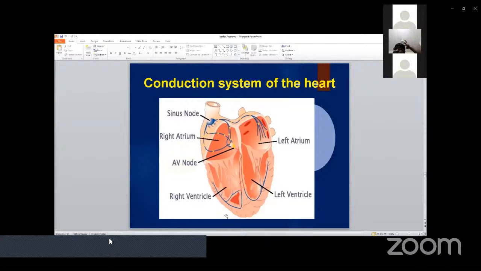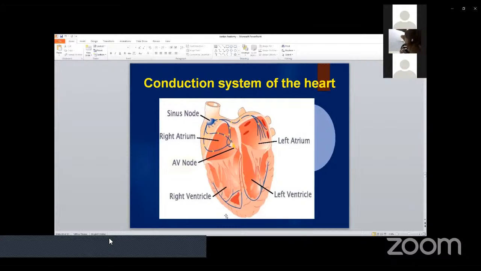Third, it returns blood to the heart for recirculation. The deoxygenated blood is passed back to the lungs.